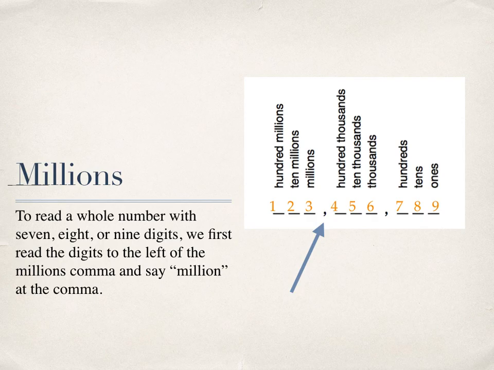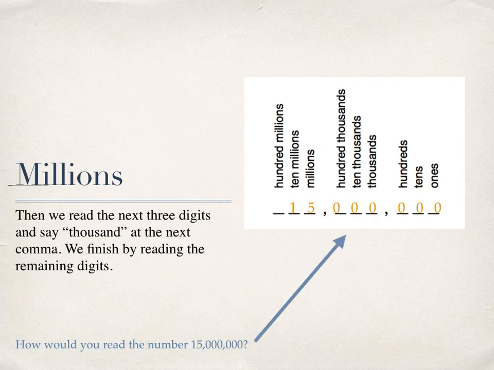To read a whole number with 7, 8, or 9 digits, we first read the digits to the left of the millions comma and say million at the comma. Then we read the next 3 digits and say thousand at the next comma. We finish by reading the remaining digits.